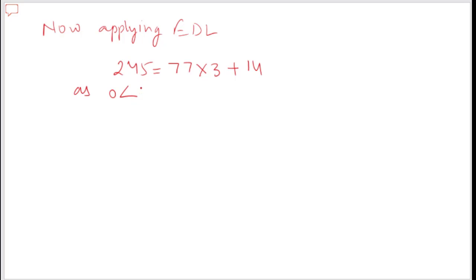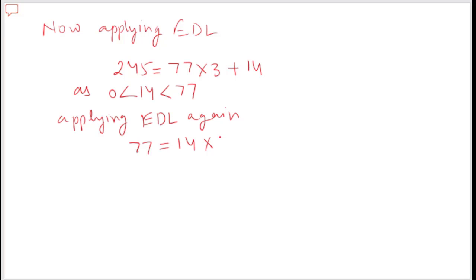Now applying EDL, copy the next step, 245 equals 77 into 3 plus 14, as 0 less than 14 less than 77. Applying EDL again, 77 equals 14 into 5 plus 7.